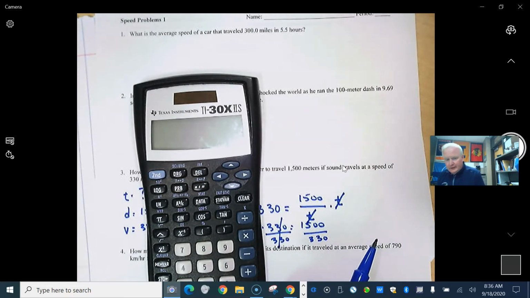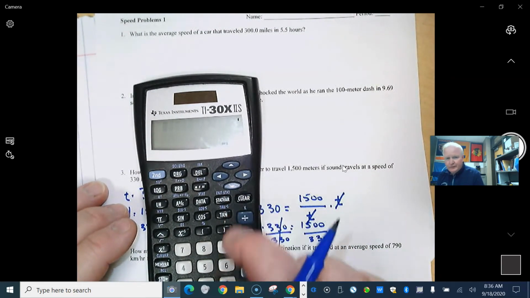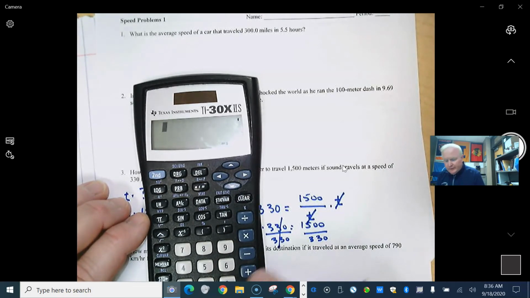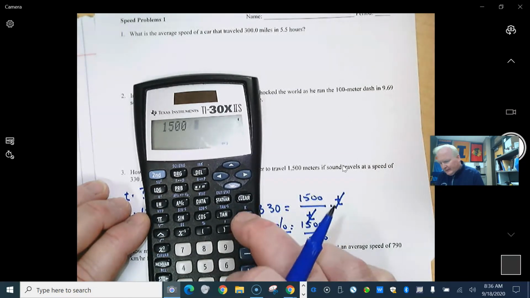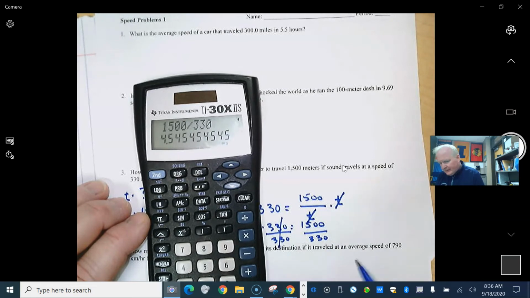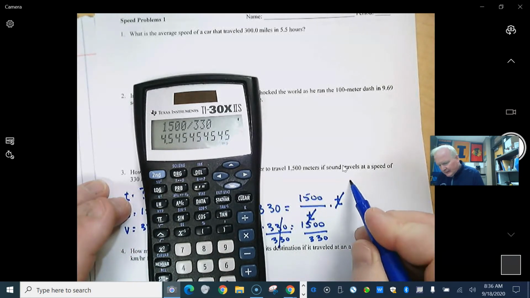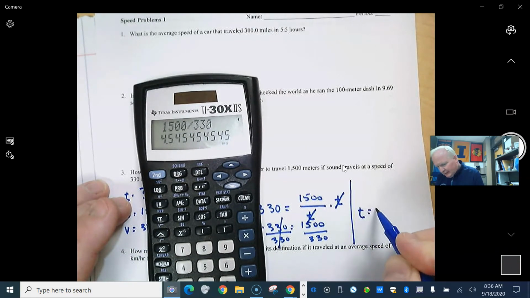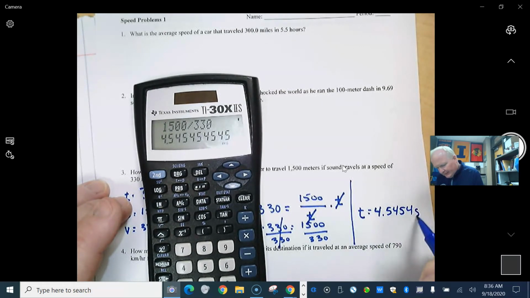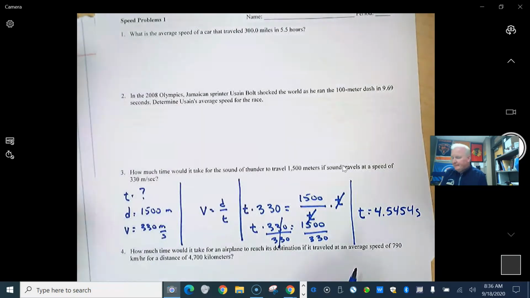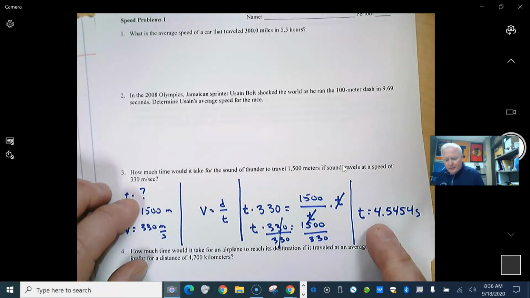Make sure you get a calculator. If you don't, that's fine. We'll find one for you, but really right now, for a majority of us, we'd like to find a calculator. We put it in, and we get this number that t is equal to 4.5454 seconds. All right. The Go formula is going to ask you to round this to the hundredths, and so that's where you're going to have to go from there.